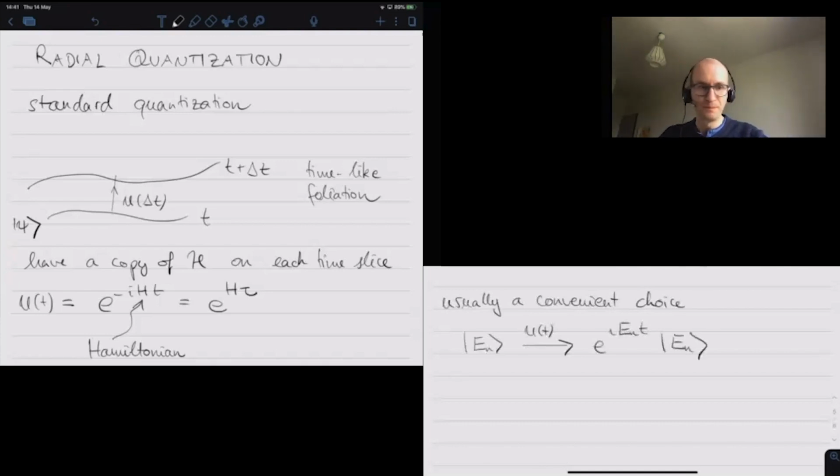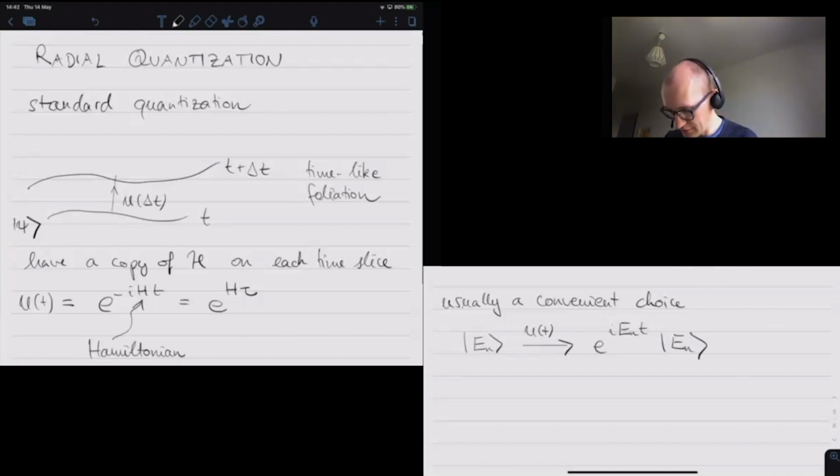But in actual fact, in the CFT, we're not going to label our states like that. We're going to label our states by their conformal dimension and by their Lorentz content, by their spin. So it actually turns out that that suggests that there is a different, much more convenient quantization, as I will point out now.